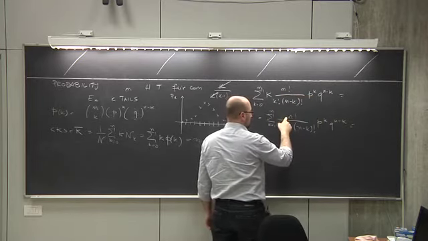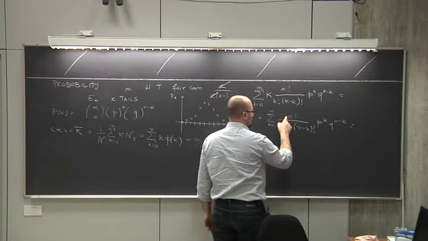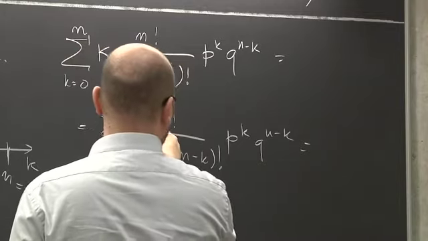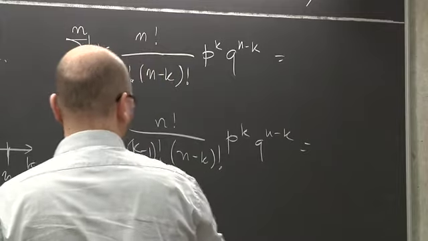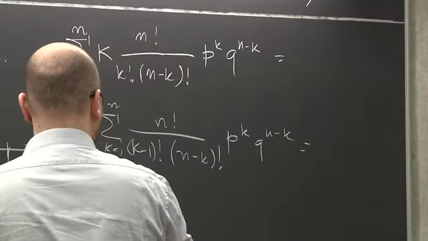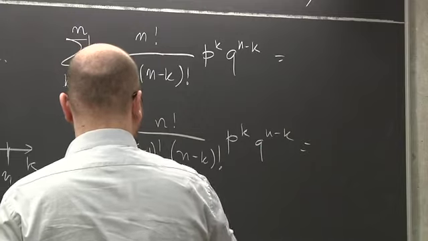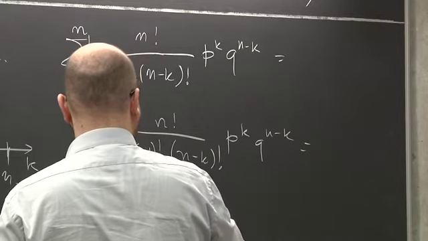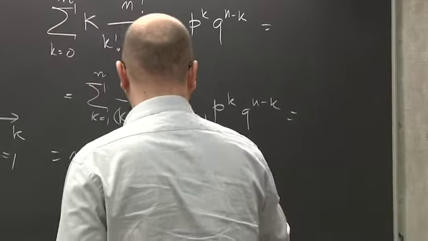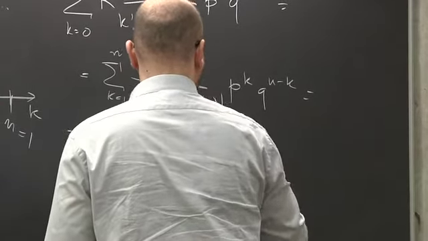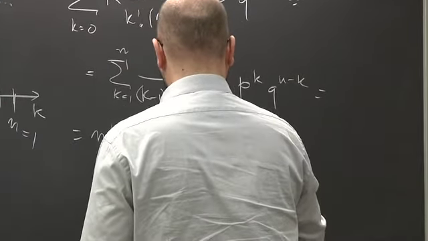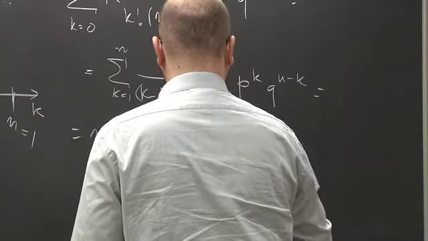So let's take one of the n, let's put it out. Let's take one of the p, let's put it out. We have n times p, and then we have this sum, k equal 1 up to n of n minus 1 factorial divided by k minus 1 factorial.